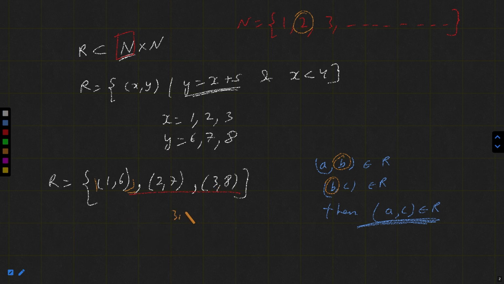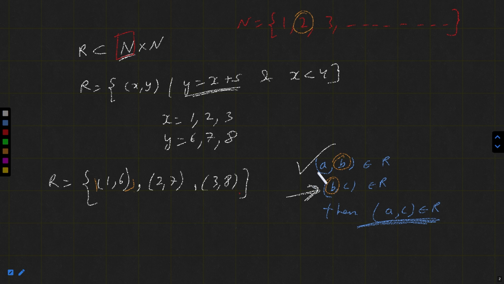Same with this element. (3, 8) indeed belongs to R, but we don't have any pair in R which is starting from 8. So we have this information, we do not have that information.